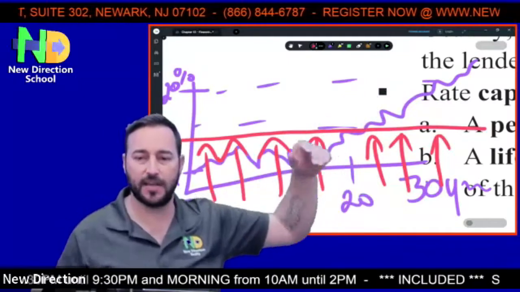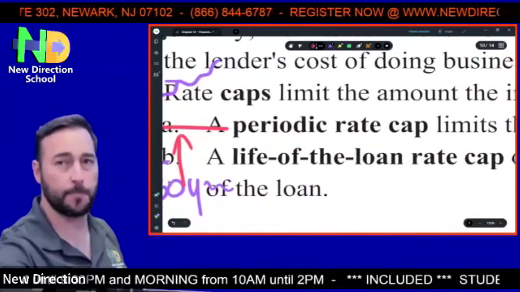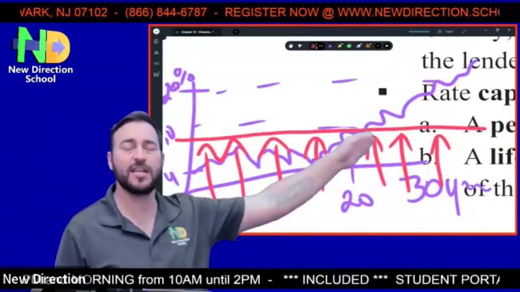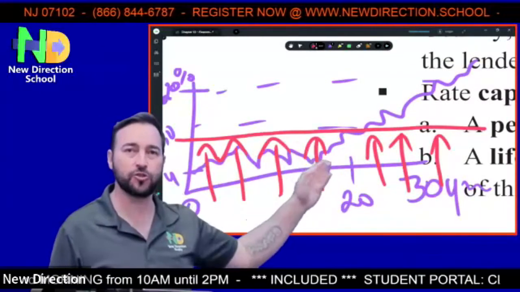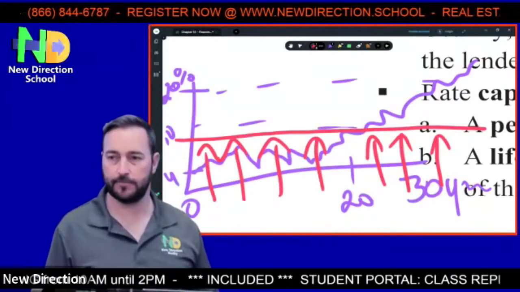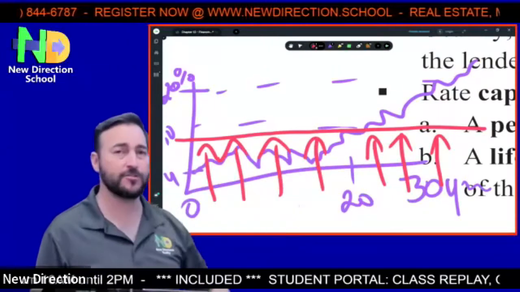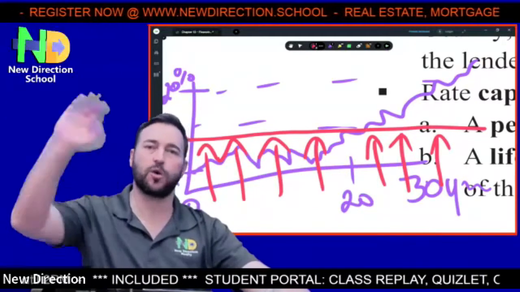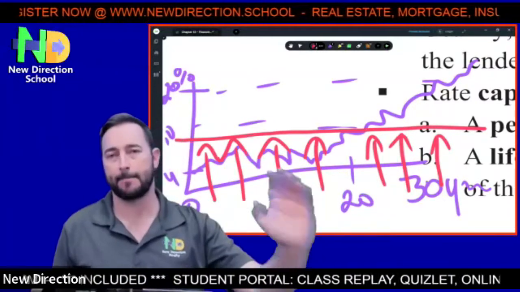With a lifetime ceiling, the bank is saying, I don't care what it does 20 years from now, we'll never charge you more than 10% in this scenario. We'll never charge you more than 10% rate, even if the rates are at 20 or 30 or whatever. I don't care. We'll never charge you more than 10%.